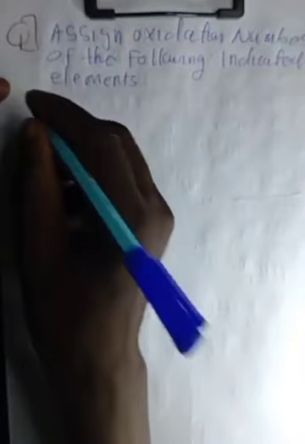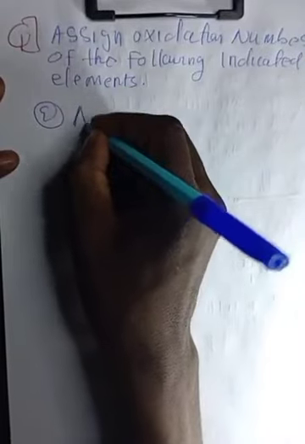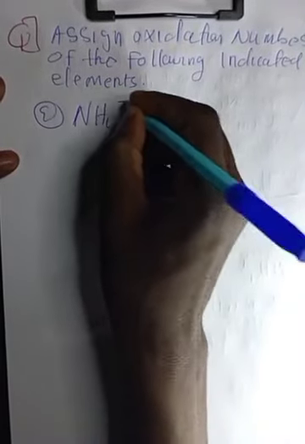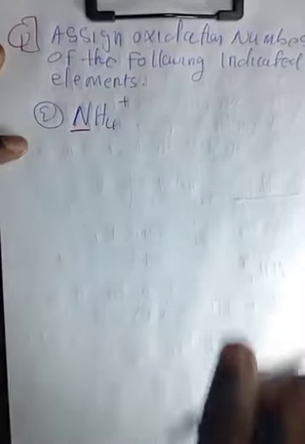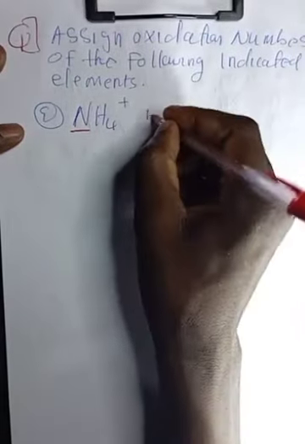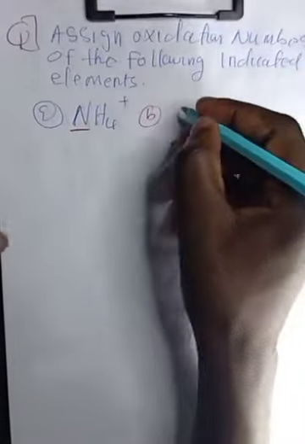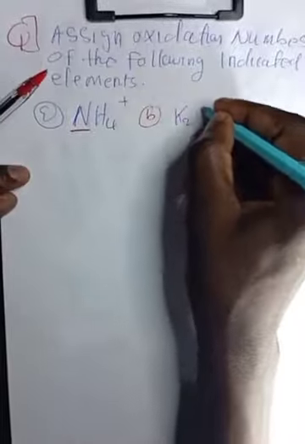So A, let's pick the same ammonium here. The element I'm going to underline is the one we need to find. So we need to get it for ammonium, for nitrogen. Then B, let's go for my favorite one, 9.